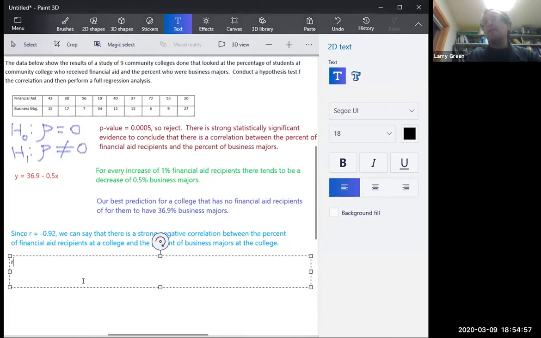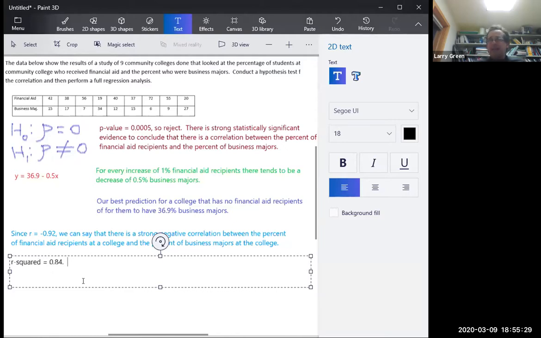Notice that R squared was equal to 0.84. I like using 2 decimals, and you'll see why in a bit. And by the way, it's not a coincidence that if you square negative 0.92, you get about 0.84. So R squared really is the square of R.